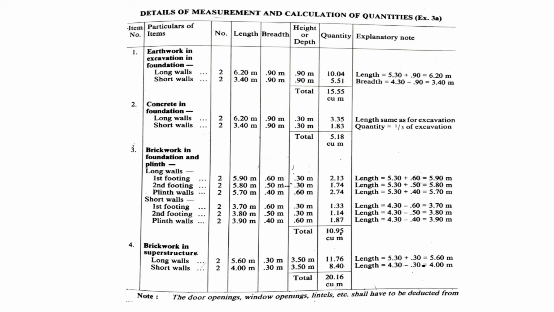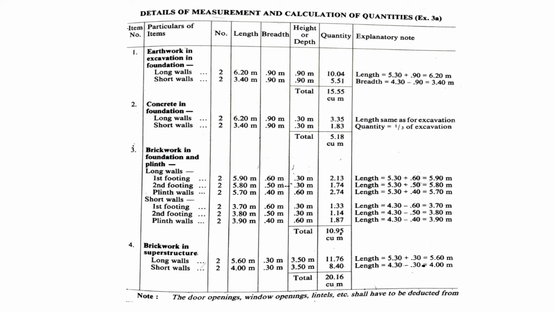In same manner, short walls, first footing, two numbers, length is 3.7 meters, that comes from center to center distance 4.3 minus width of the first footing, is 3.7 meters.